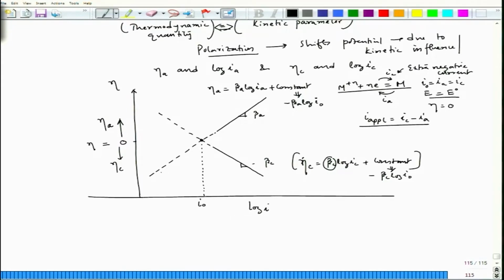Now, if I go to a very high over voltage, let us say this is my over voltage eta 1, that time the current densities, log of that current densities, let us say that current density part is, this is minus 1 and this is minus 5.